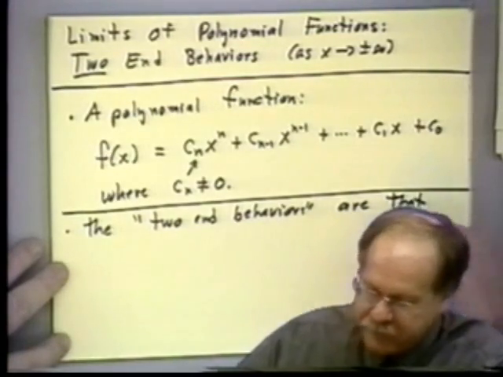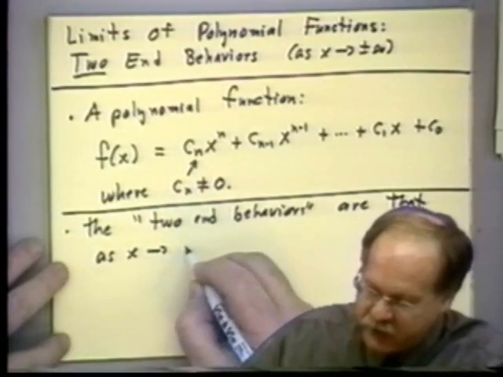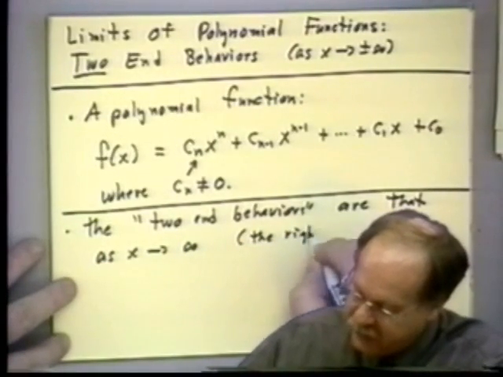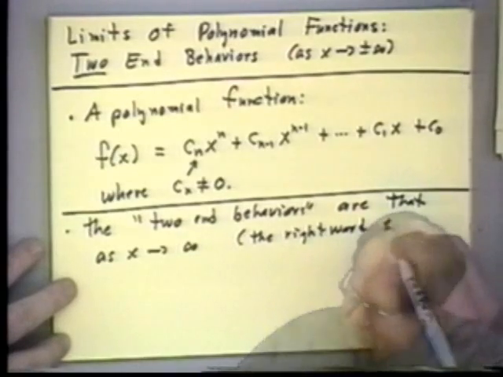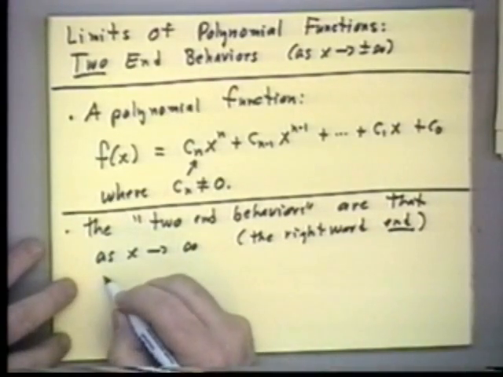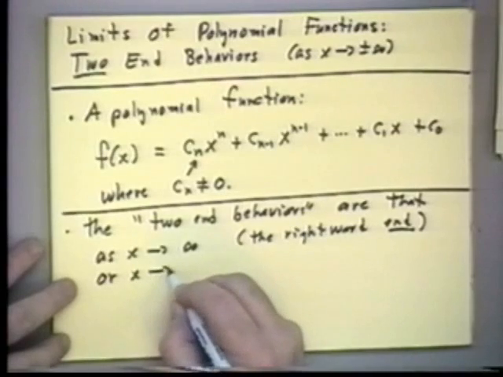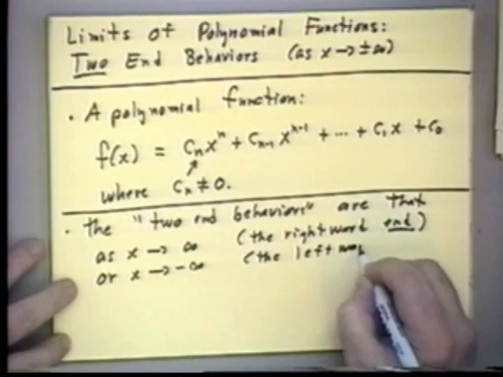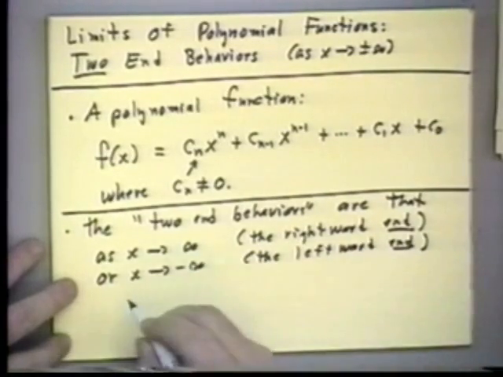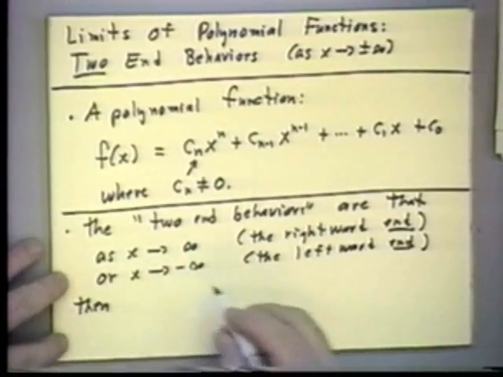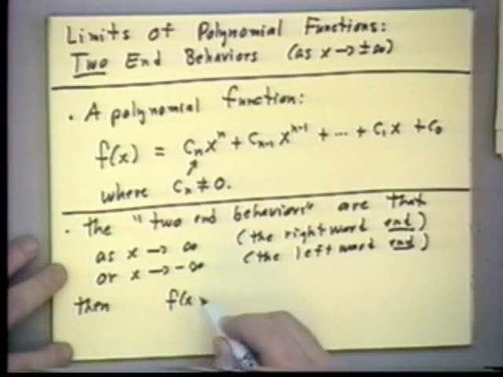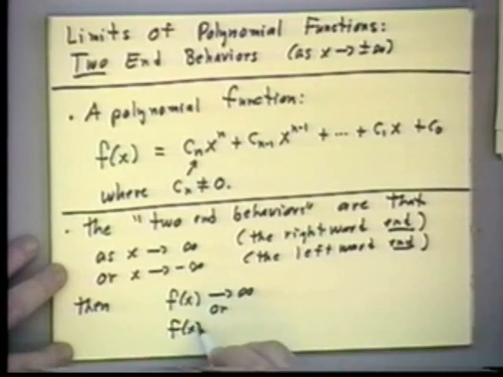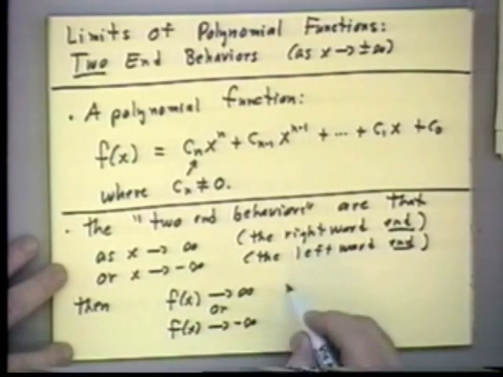are that as x goes to infinity, which is the rightward end, make sure we're talking about the right end here, or as x goes to minus infinity, which is the leftward end. Again, as I said, it is the functional value that we're interested in. f of x goes to infinity, or f of x goes to minus infinity.